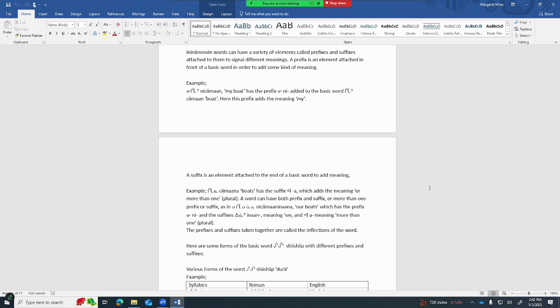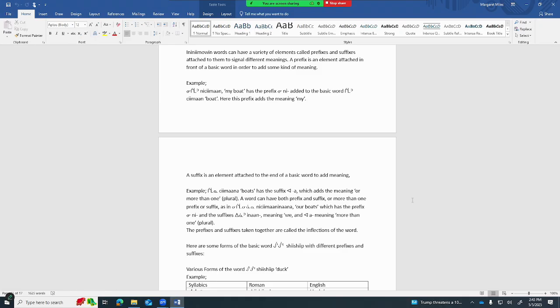Another example, jimana, boats. At the end of jiman is a, which adds the meaning of more than one, plural. Jiman is boat, jimana is boats.